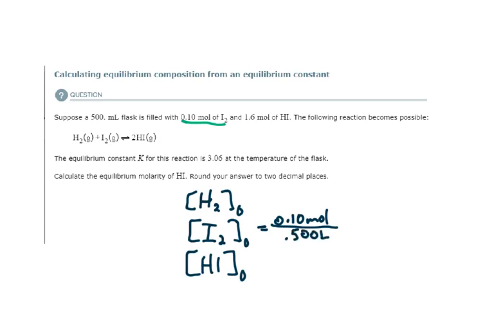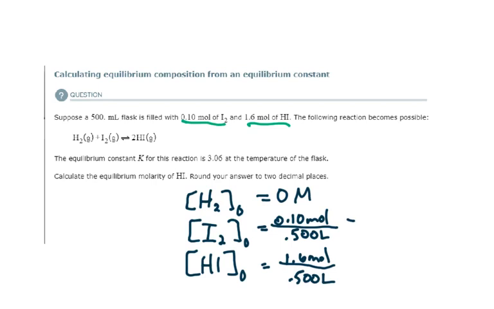The initial concentration for HI would be the number of moles of HI divided by its volume in liters. And initial concentration of H2, well, it's saying that at the beginning of the reaction, we don't even have H2 to start with, so it is 0 molar. We don't have any at all. All we have is this, and the reaction will proceed.